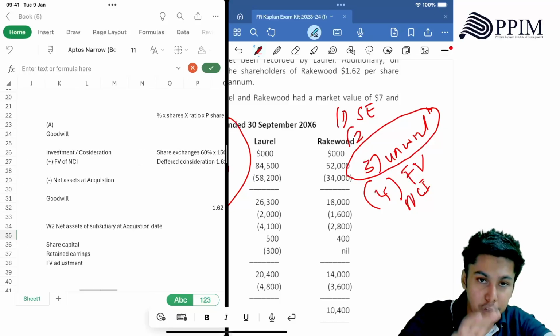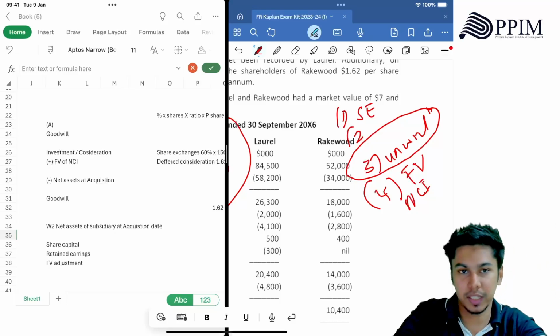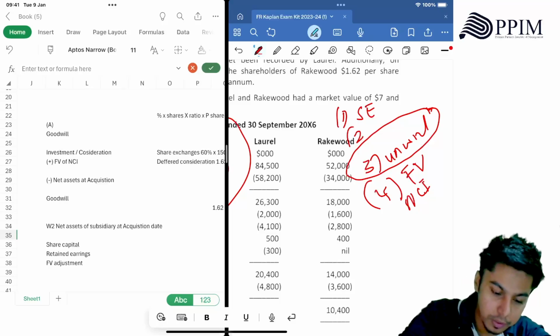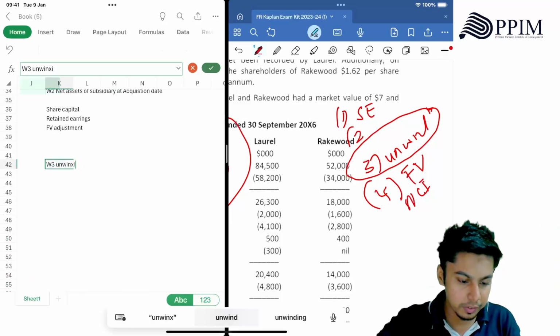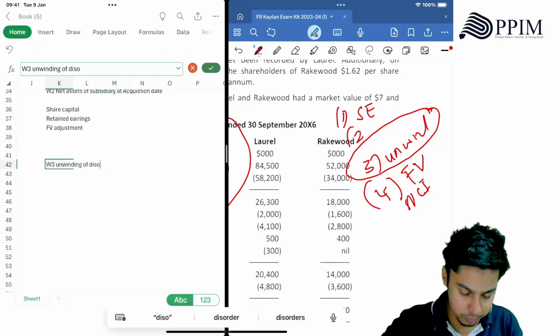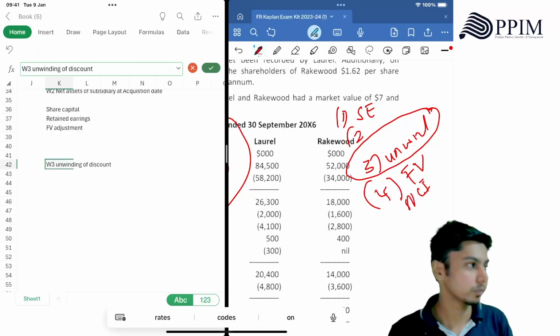In goodwill, you should show the deferred consideration at the acquisition date. The unwinding part will affect our income statement, right? Can you guys open a new working for me? Working number 3, unwinding of discount. Okay, we have done this, right? Unwinding of discount.